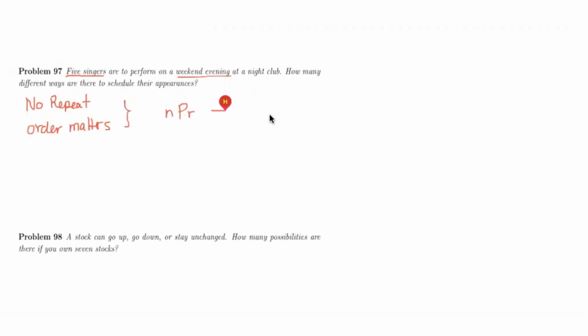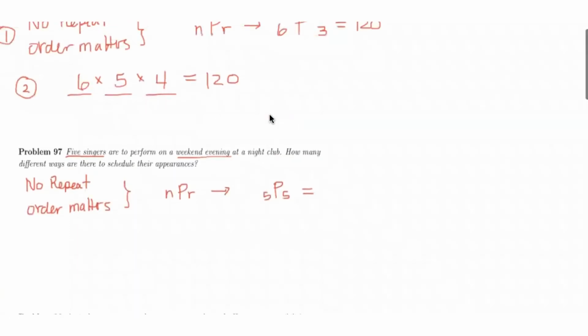And how do we write it? There are 5 singers. All 5 singers perform. So 5 permutation 5. It has a different argument compared to the previous one. The argument was 6 permutation 3 because there are 6 cars and we took the first 3. Here, 5 singers, we took 5 singers. Still 120.